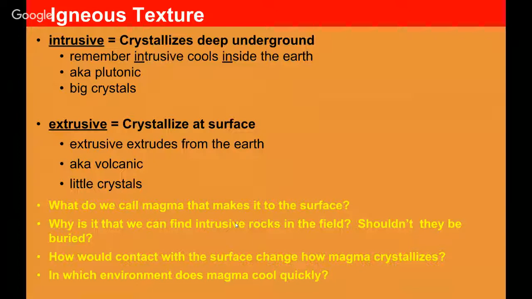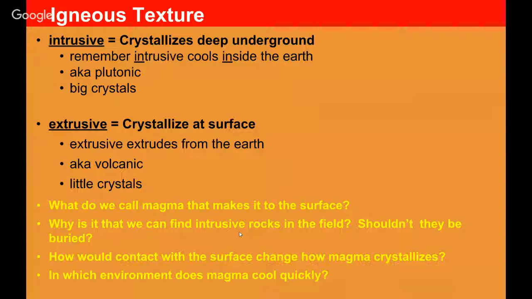Then, why does contact with the surface change how a magma crystallizes? The answer gets at how quickly things crystallize. The Earth's crust is kind of like a blanket, and it has an ability to insulate these cooling magmas from the much cooler surface.